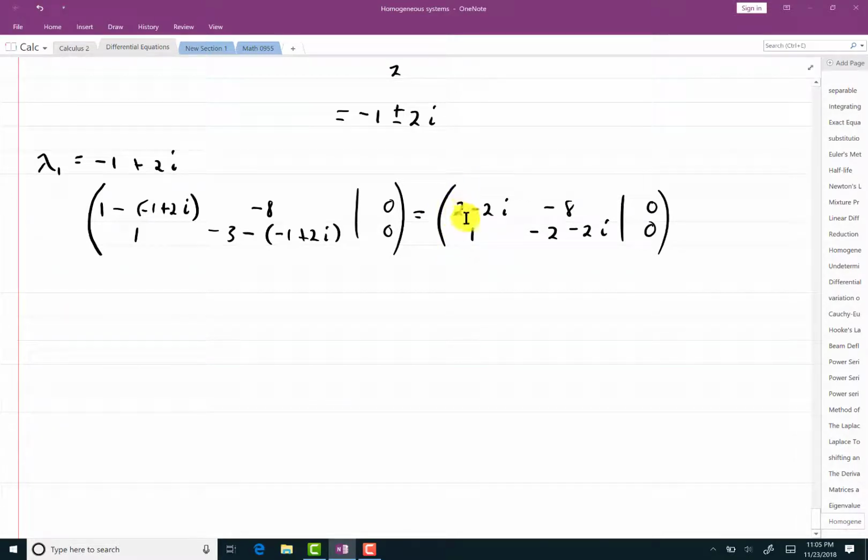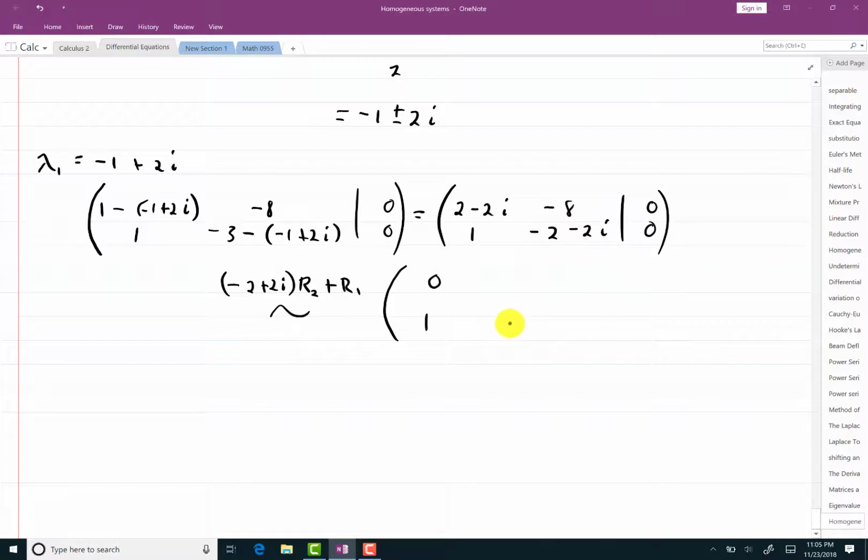If I were to try to wipe out the first row, this 1 is very nice to use for that. What I might do is do negative 2 plus 2i times the second row plus the first row. So the way I've written it then, I'll have negative 2 plus 2i. I'll zero that out easily.